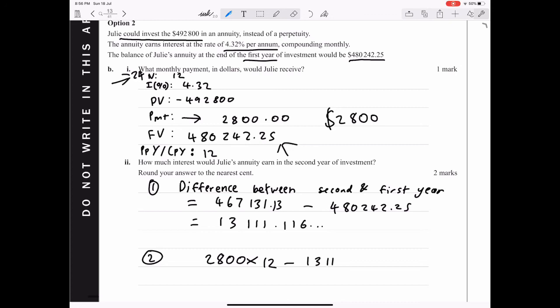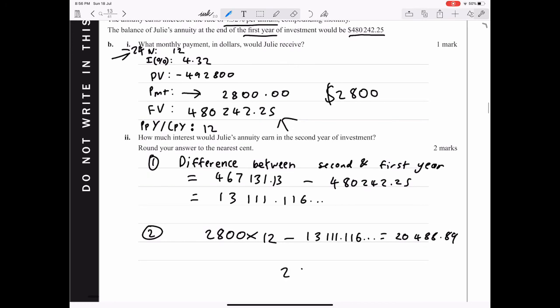And that will be the calculation to find how much interest Julie's annuity earns between the second and first year. So if you do that on your calculator, you get 20488.89. So therefore $20,488.89 is how much interest Julie's annuity earns in the second year.